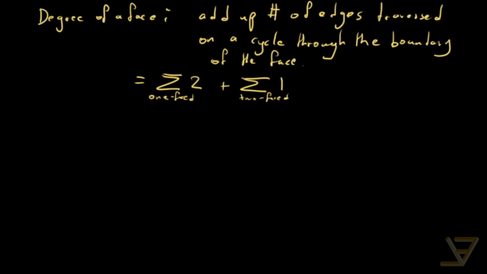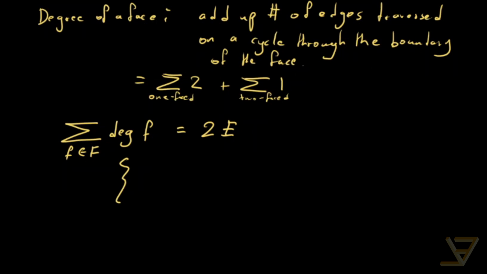Now the next thing we're going to explore is the sum of all the degrees of all the faces, including the unbounded face. So the sum over f in big F, where big F is the set of faces, of the degree of f. This is actually equal to 2 times the number of edges, where capital E is the number of edges, because here's what happens.